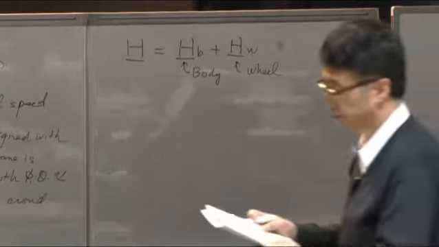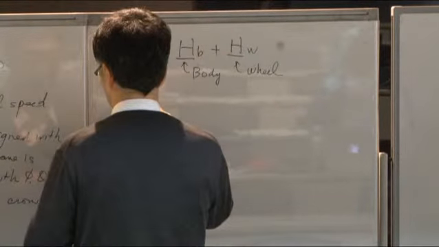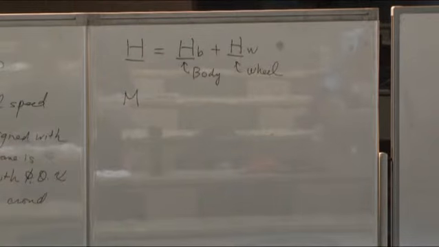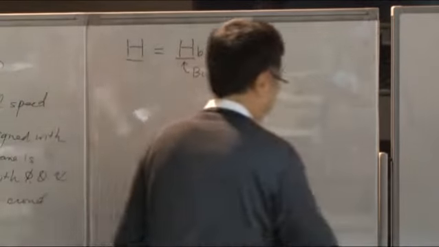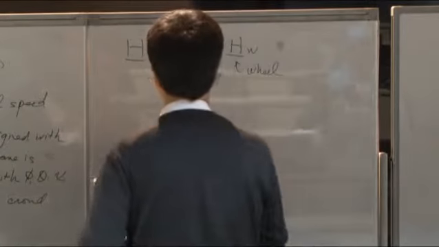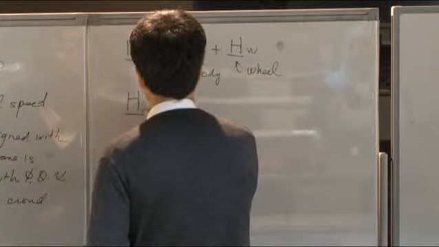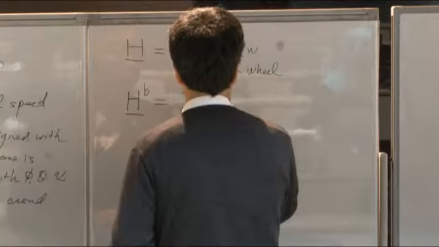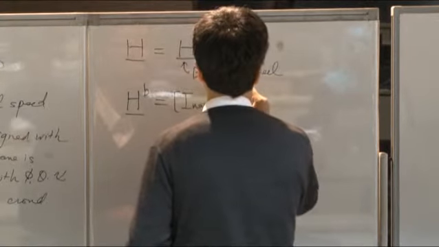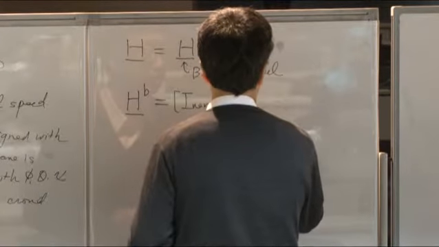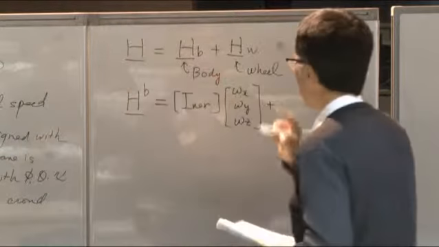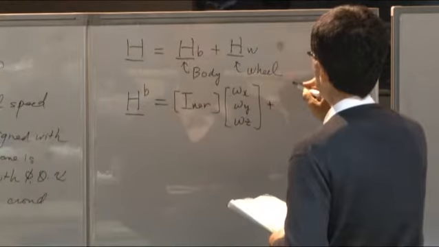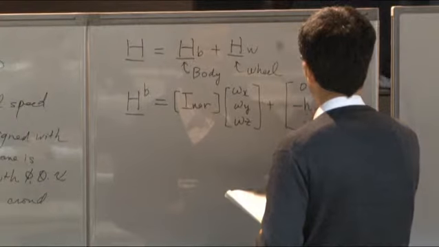Now H is represented in the body frame, so we can write the inertia tensor times omega x, omega y, omega z, plus the internal wheel momentum hx, hy, hz, so plus 0 minus h0.